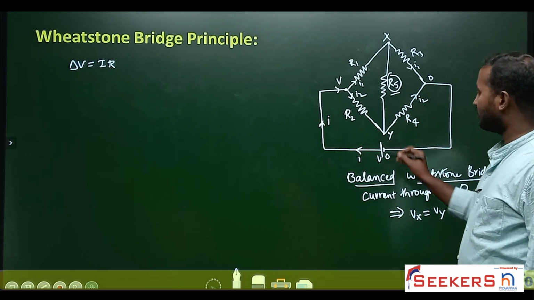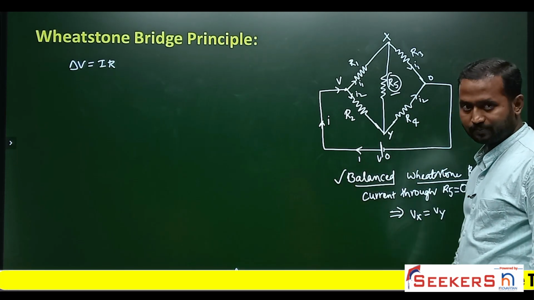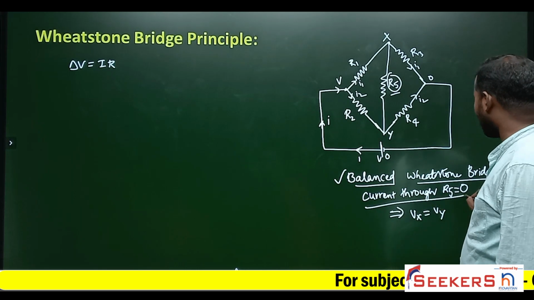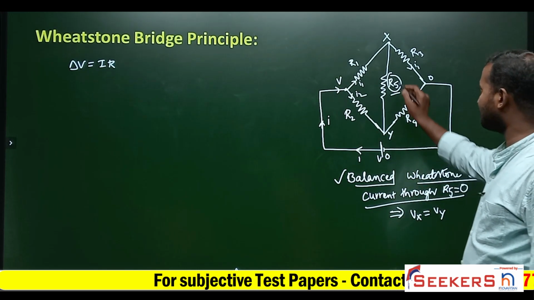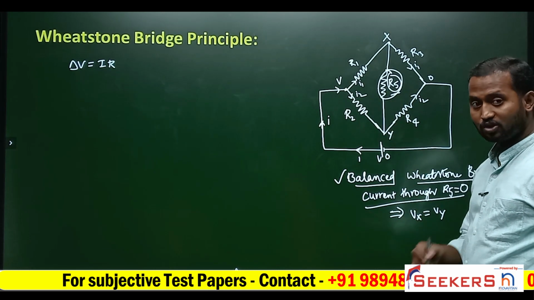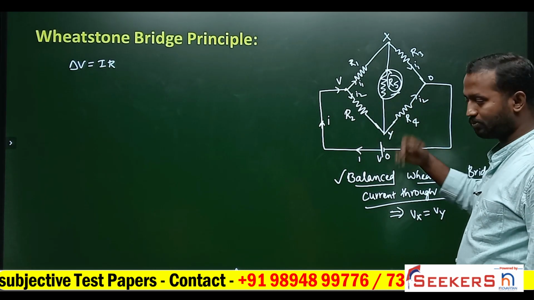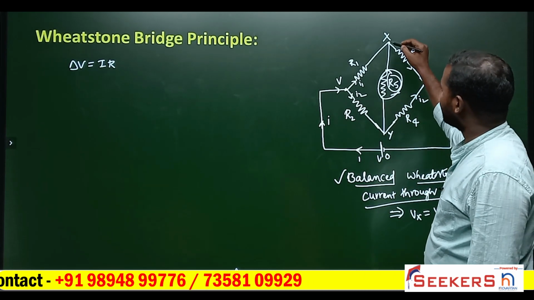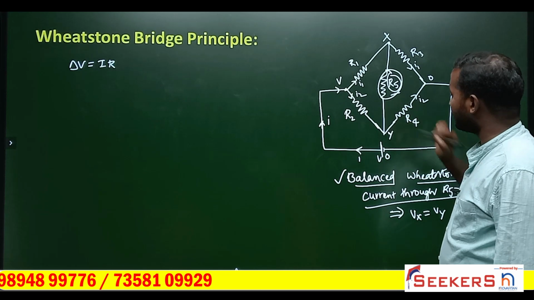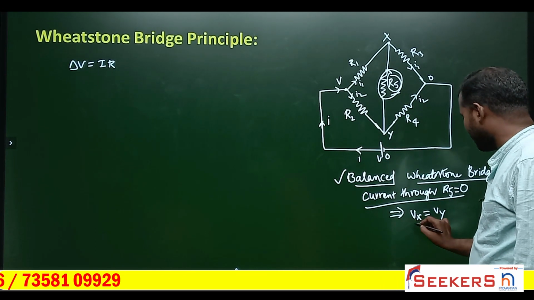Now whenever the bridge is in balanced condition, the current through this R5 or galvanometer will become 0. When there is no potential difference between both the ends, it will give you current 0. That means x and y should be at the same potential, Vx equal to Vy.